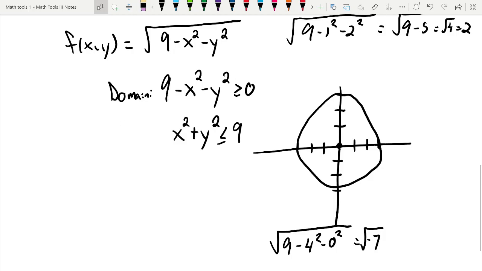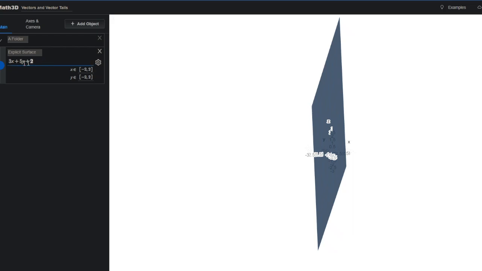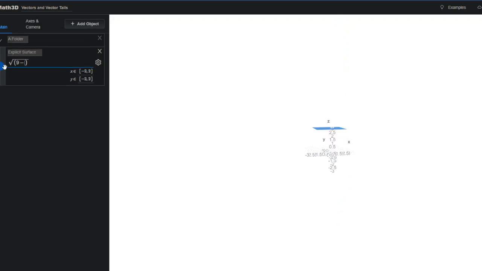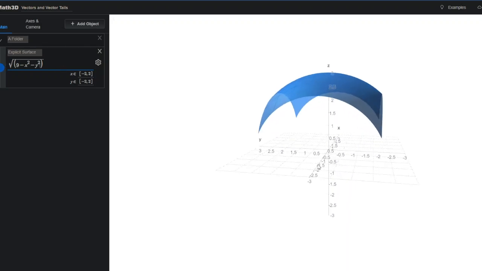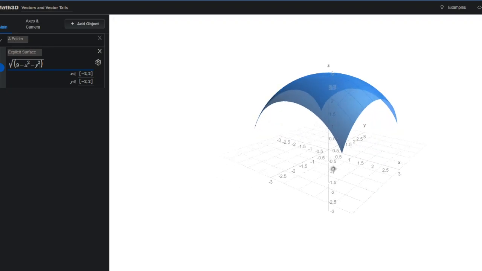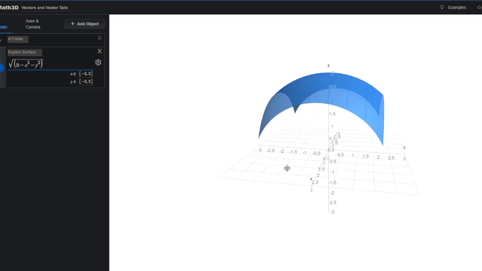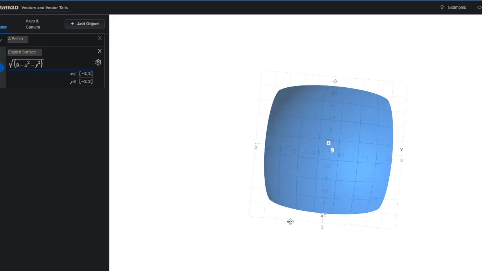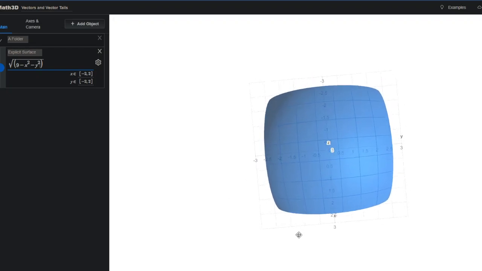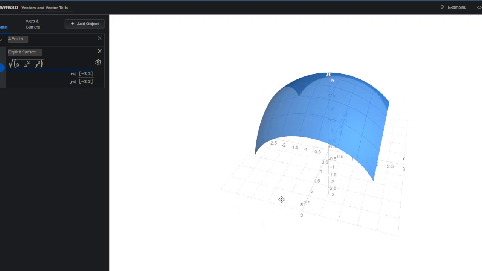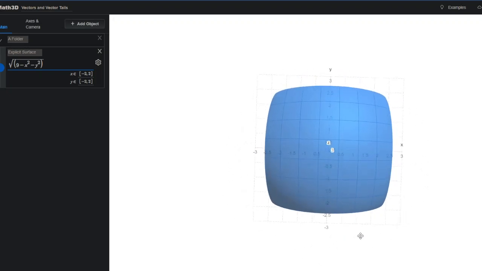So if we go ahead and look at the graph of this one, okay, so we'll do the square root of 9 minus x squared minus y squared. Okay. Then we can see this function here. So a little bit strange, but you can see that we're cut off at those xy points around 3. It's not going any further than that.